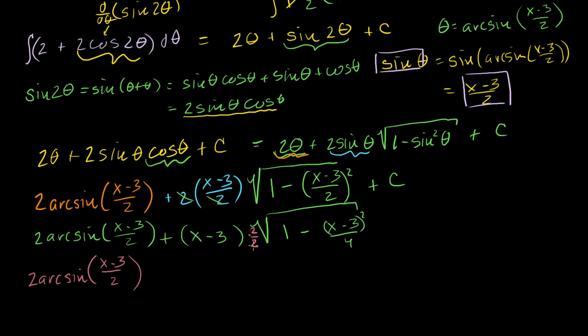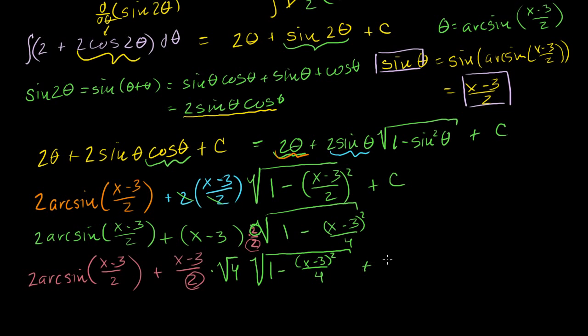And then I could take this denominator 2 right here. So I say plus (x - 3)/2. That 2 is that 2 right there. And then I could write this 2 right here as the square root of 4 times the square root of all of this, 1 minus (x - 3) squared over 4. And I think you see where I'm going.